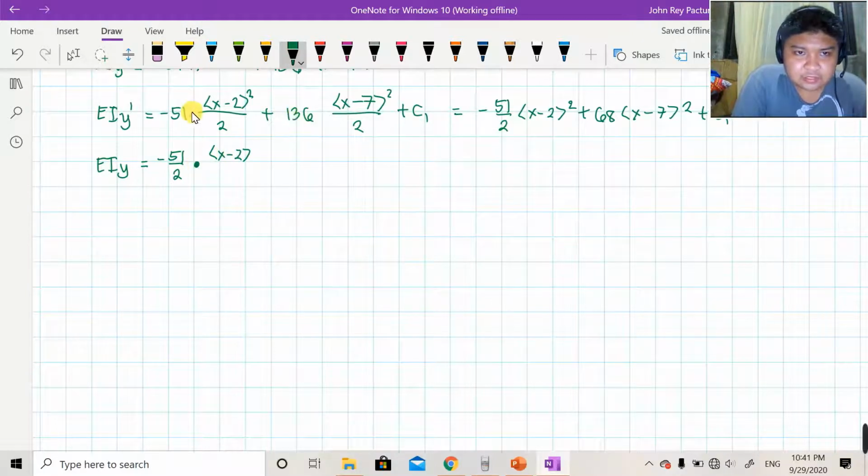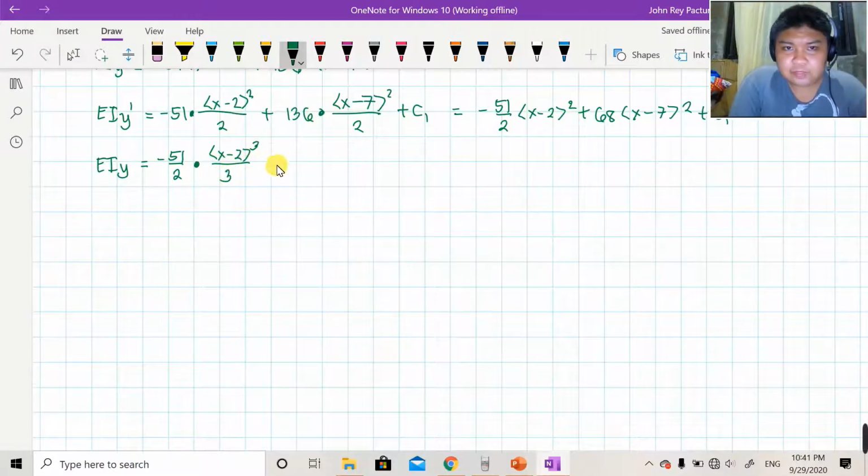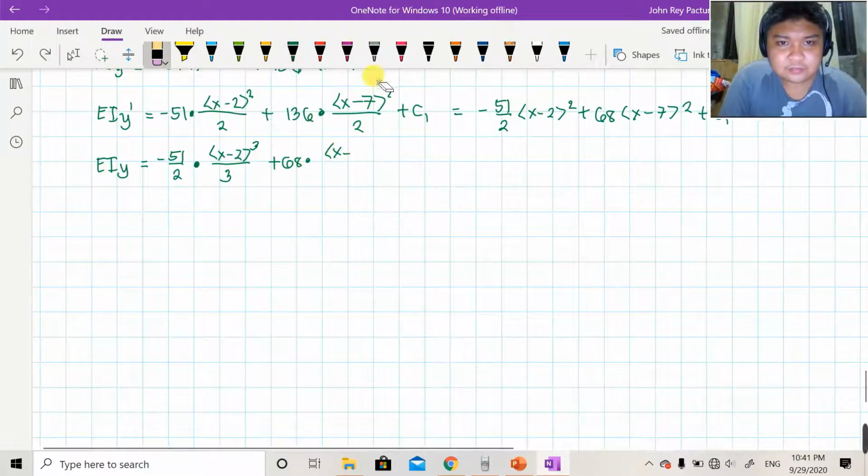Let me put the symbol for multiplication. There. So (x minus 2) becomes third power, right? And over 3 plus 68 times (x minus 7) cubed, it becomes cube pala, class.